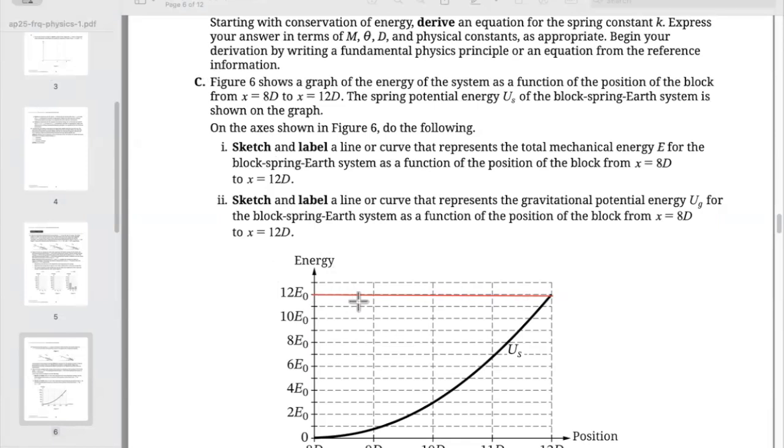Now, for gravitational potential energy, we said that you should end with 0, and it should just be a straight line, and it should go to 4E0, just like that.